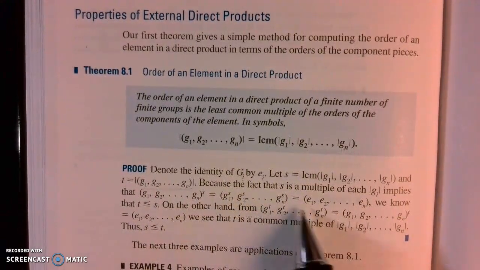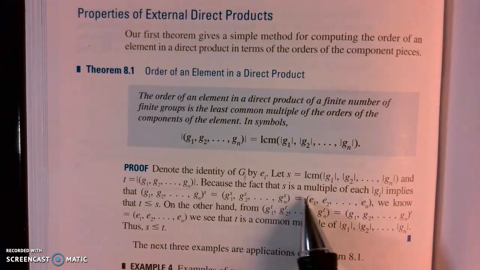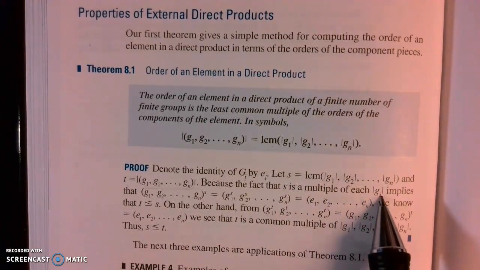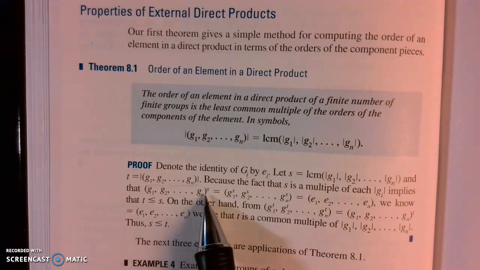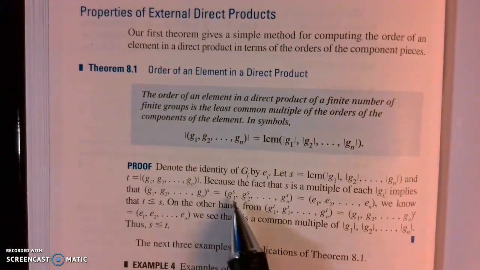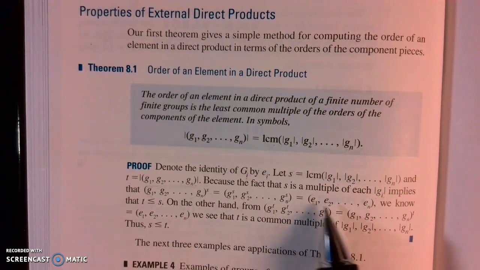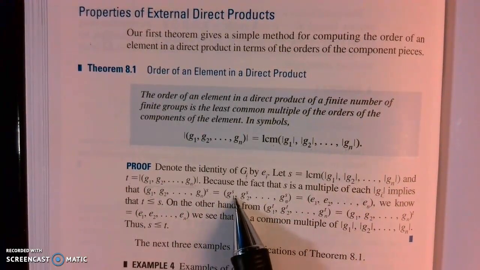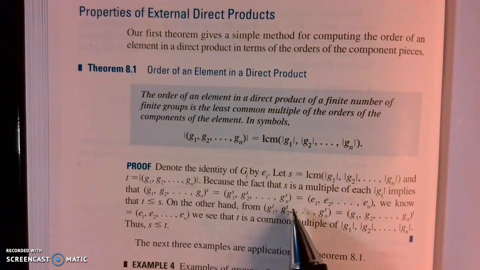Because S is a multiple of each order of elements, it follows that the n-tuple to the power S, which is this, is equal to E1, E2, and so on, En, because S is a multiple of the order of Gi.